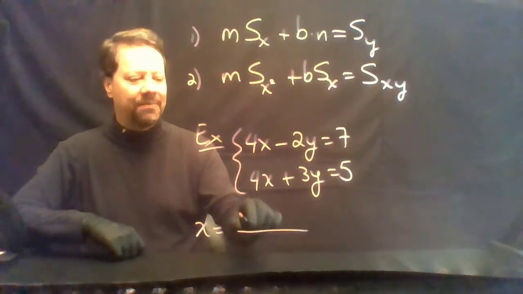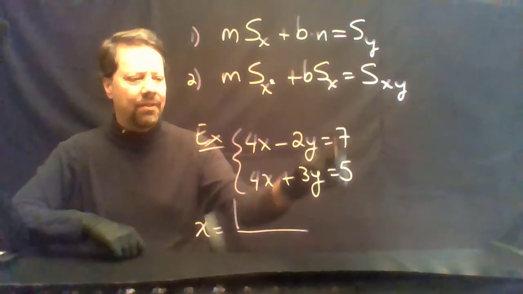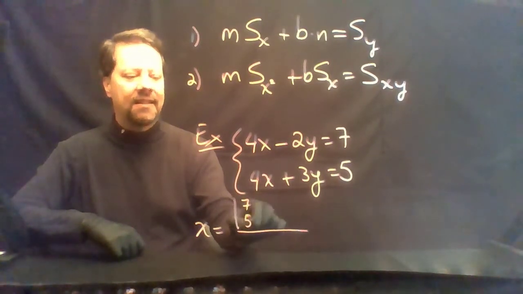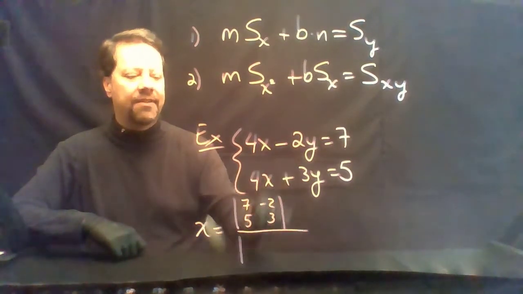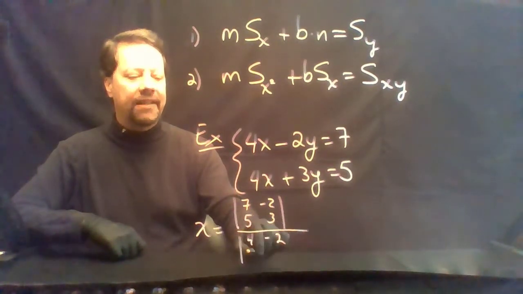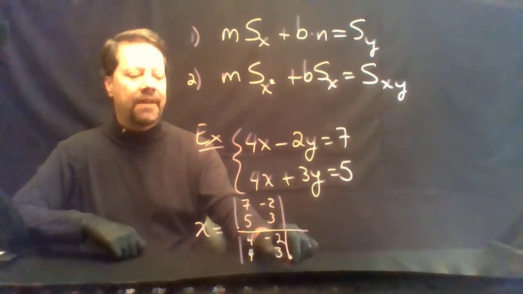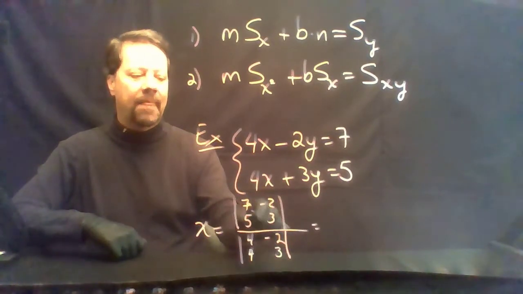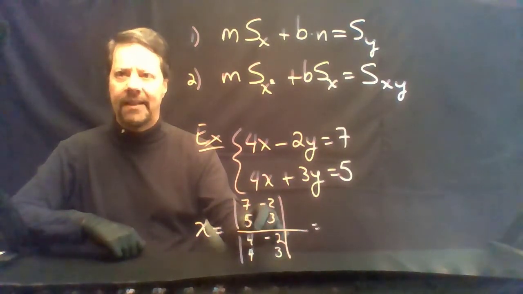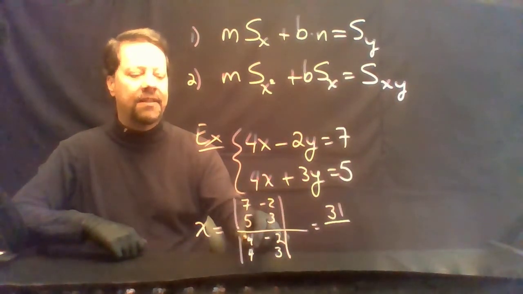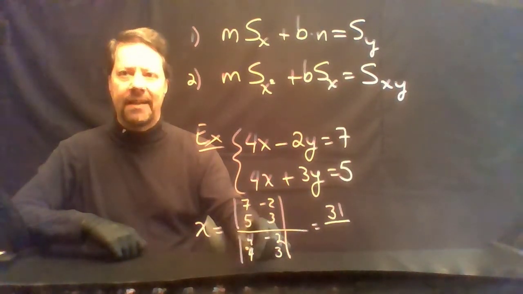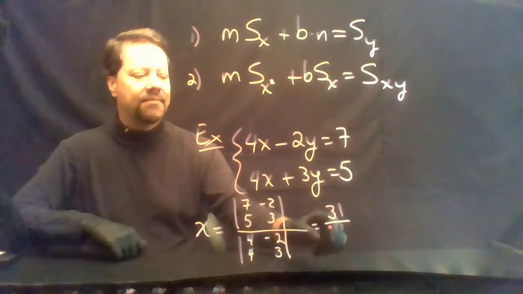According to Cramer's rule, replace the x coefficients by the right-hand sides: 7, 5, negative 2, 3. The denominator is going to be 4, negative 2, 4, 3 inside of a determinant. This is going to be 21 minus negative 10 is 31, divided by 12 minus negative 8 is 20.